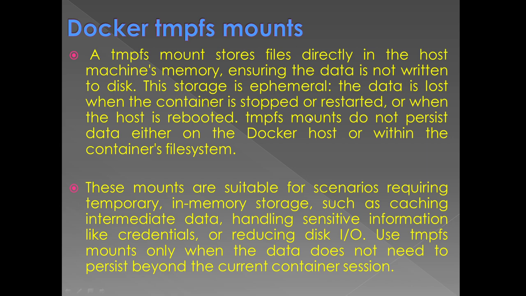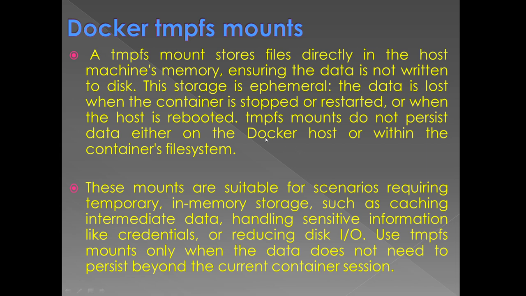Docker tmpfs mounts. A tmpfs mount stores files directly in the host machine's memory, ensuring the data is not written to disk. This storage is ephemeral. The data is lost when the container is stopped or restarted, or when the host is rebooted. tmpfs mounts do not persist data either on the Docker host or within the container's file system.